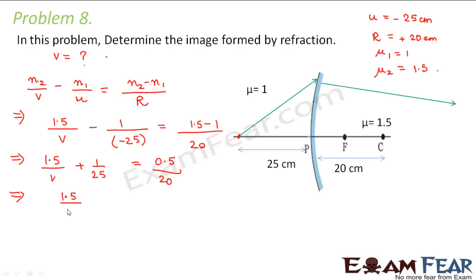So 1.5 divided by V is equal to 0.5 divided by 20 minus 1 by 25.